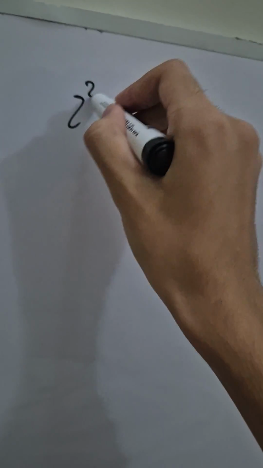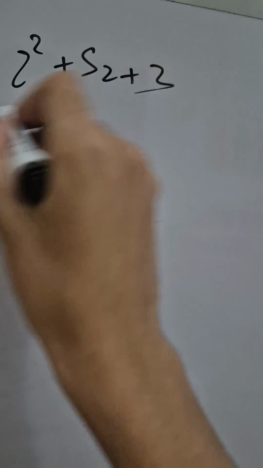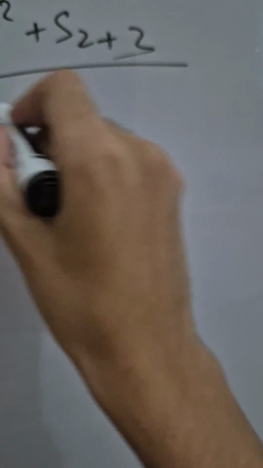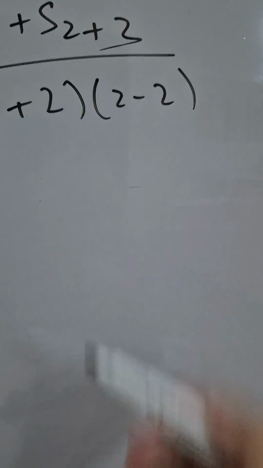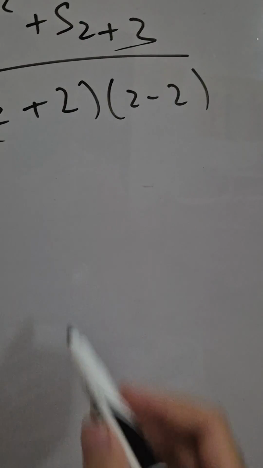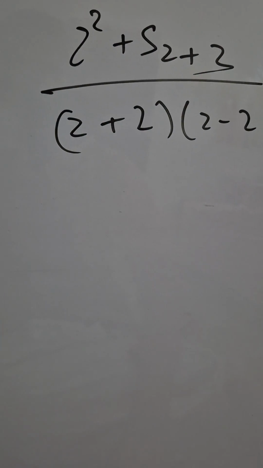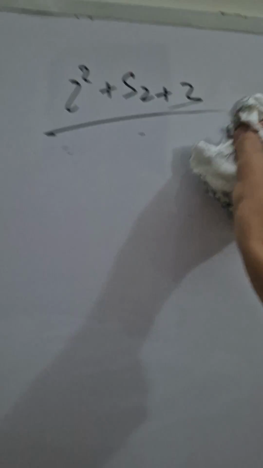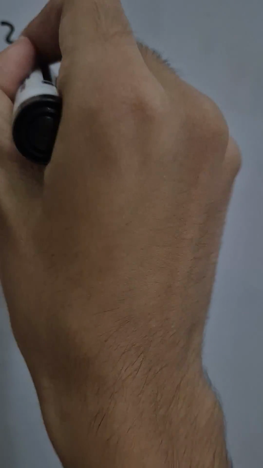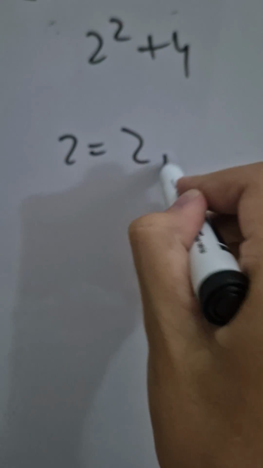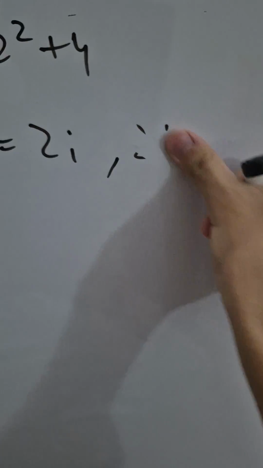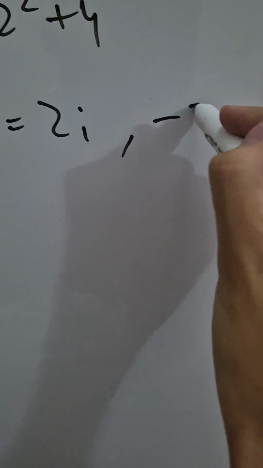Or something like z squared plus 5z plus 2, with two singularities. Or because it's complex, let's make it fancy and just say z squared plus 4. It is not complex differentiable at 2i and minus 2i.